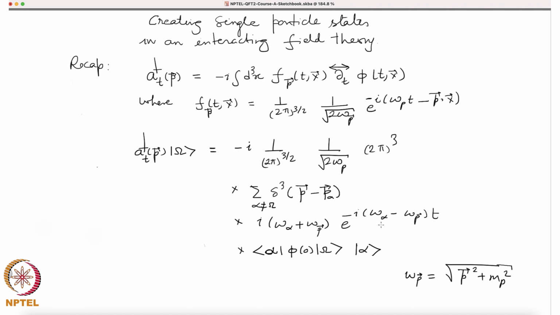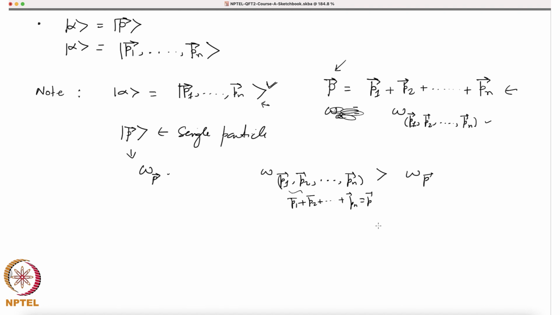Now you have omega alpha here, and I am right now looking only at multi-particle states. Then omega alpha will always be greater than omega p. So this object omega alpha minus omega p is positive. That's what I want to use now. I'll show it later, but that's what I want to use. Omega alpha minus omega p is greater than 0 for this multi-particle state.